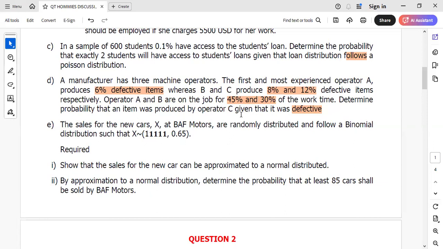If they say given that it was not defective, then you define X to be an event that an item was not defective. Don't always rush.